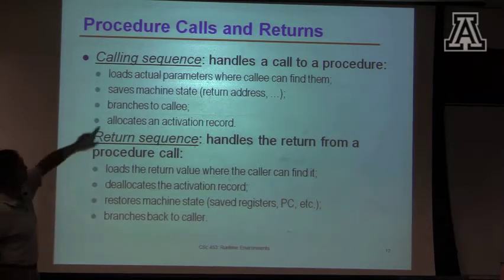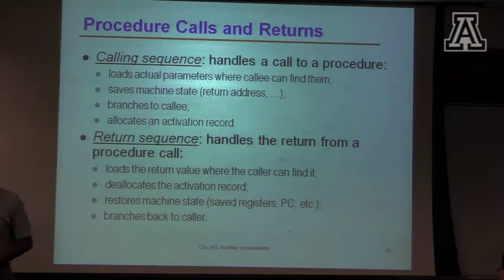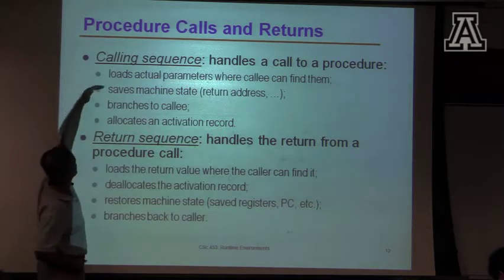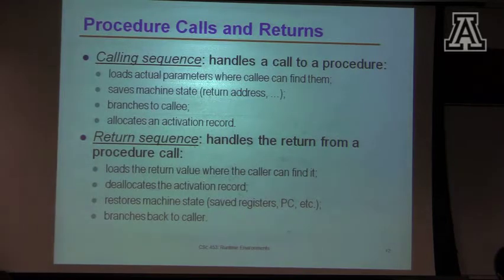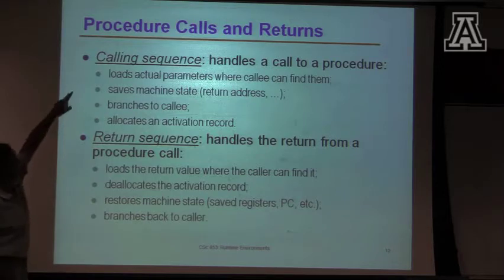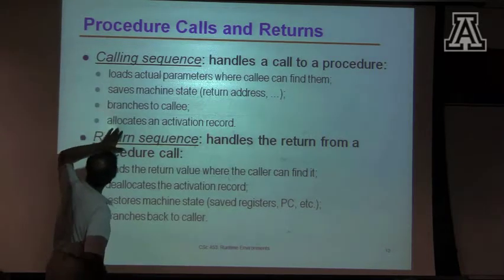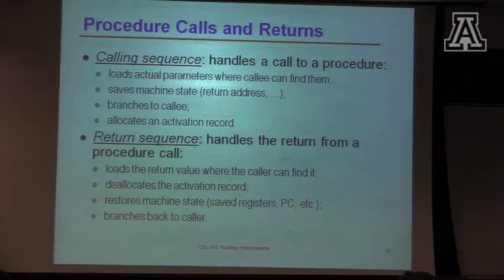It's not necessarily in this sequence. So for example, it's possible to allocate the activation record up here and then save the machine state in that activation record. Okay, so it's important to note that this does not imply a particular sequence of actions. It's the sequence of instructions that carries out a set of actions.